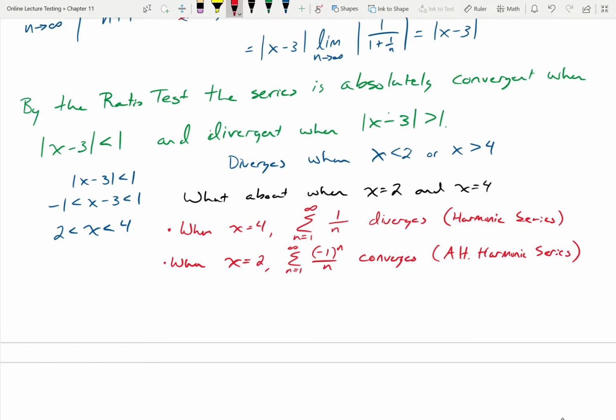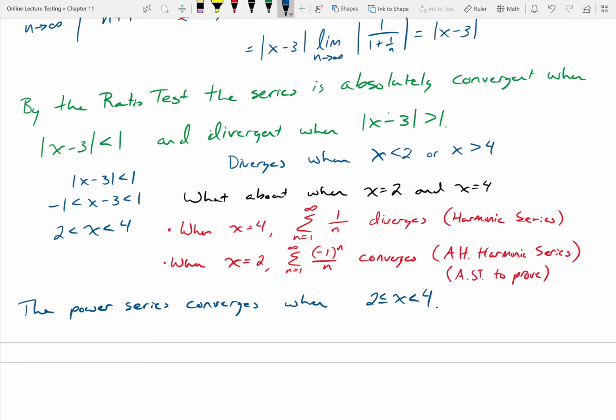All right. And so you would use the AST to prove this. Right? So that means that this following power series converges when 2 is less than or equal to x, which is strictly less than 4.